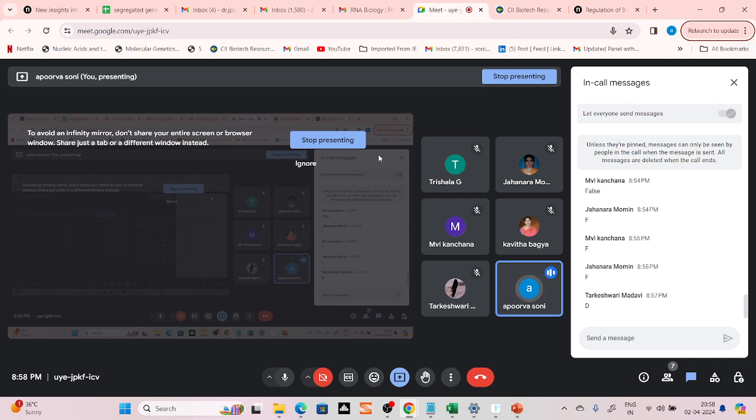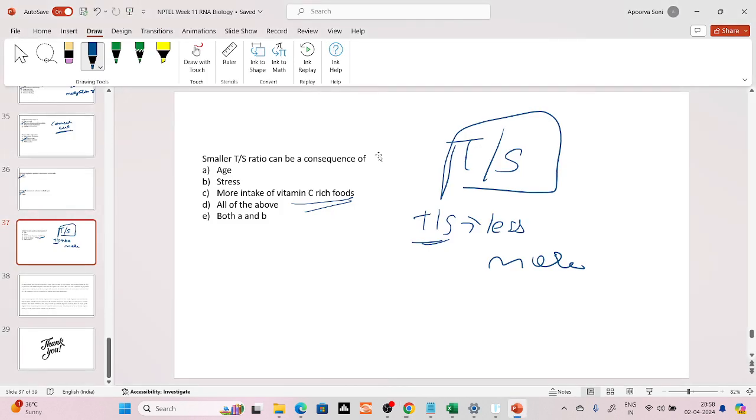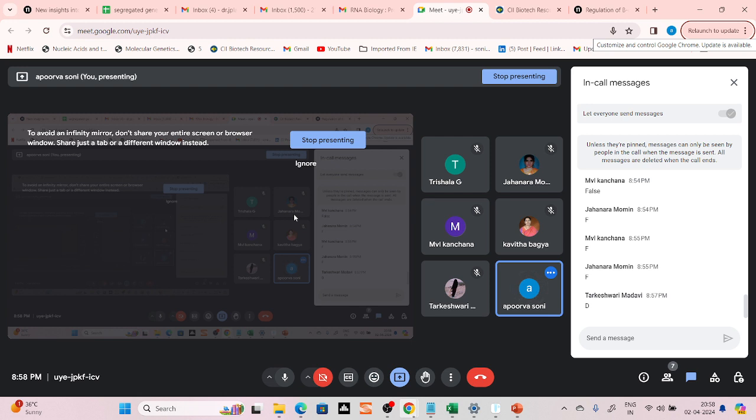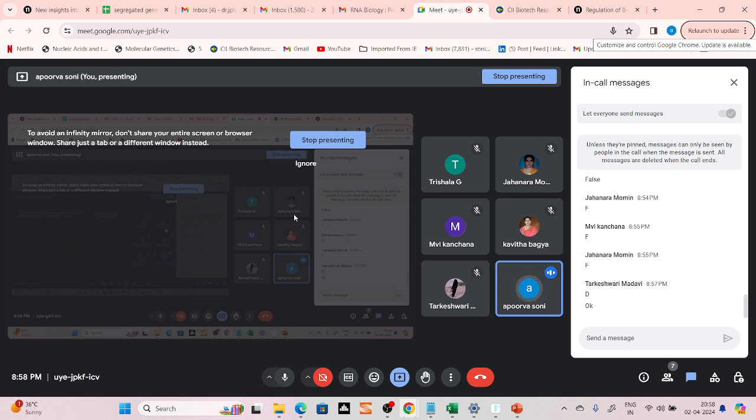Vitamin C is rich in antioxidants, which reduces your stress level and reduces the oxidative species in your body. So ultimately, these are things that help in increasing the longevity of the telomeres. So C cannot be the answer. It is E, both A and B. Is this confusion clear to you, Madhavi?